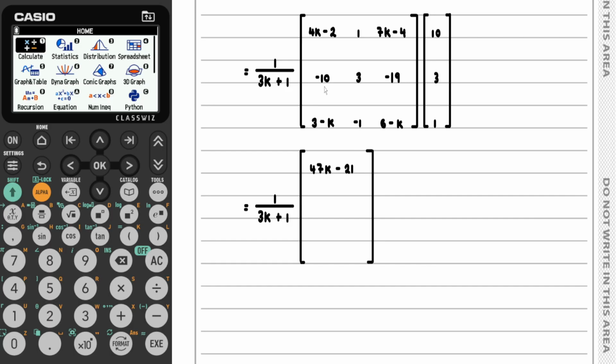Then I've got negative 10 times 10, plus 3 times 3, plus negative 19 times 1, that's negative 110. And then I've got 3 subtract k times 10, plus negative 1 times 3, plus 6 subtract k times 1, which is 33 subtract 11k. And so this is what the vector x, y, z is equal to.